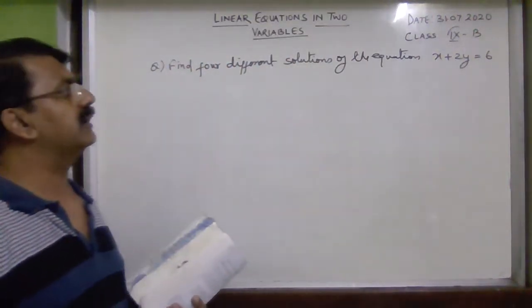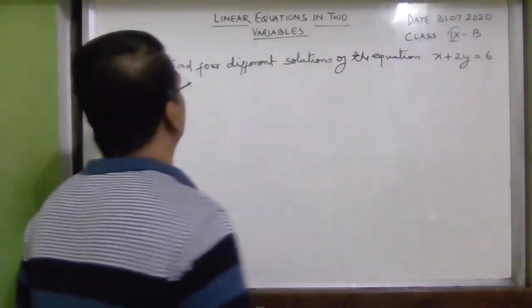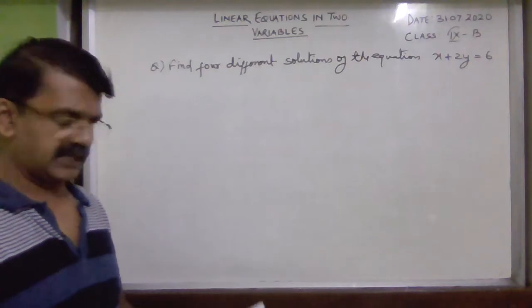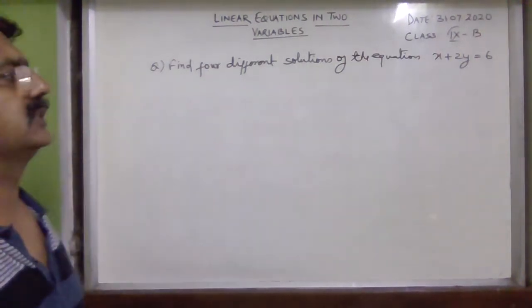Okay, so they have given one linear equation in 2 variables, and now they are saying find 4 different solutions of this equation. You have to find 4 different solutions of this equation.